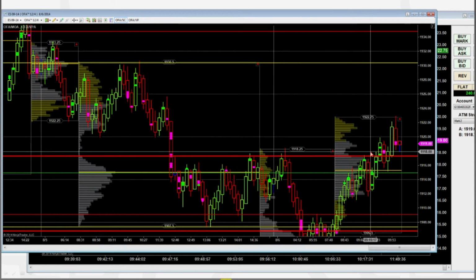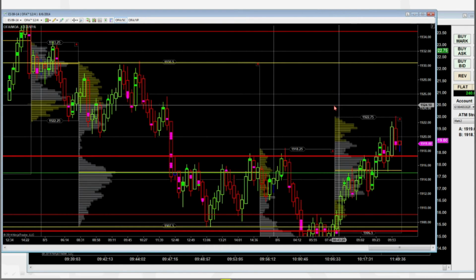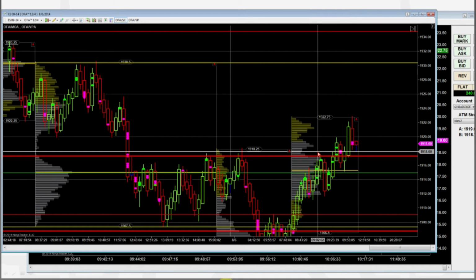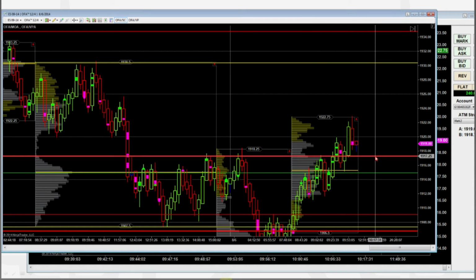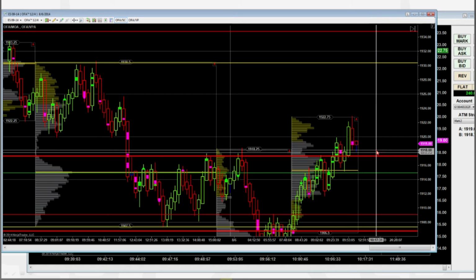So this may have been the better opportunity here at 18. What it does for me at 18 is it only puts this 3 ticks away. So now I'm only looking at maybe a point and a point and a quarter stop instead of a 2-point stop. And from a risk reward standpoint, that makes a whole lot of sense.